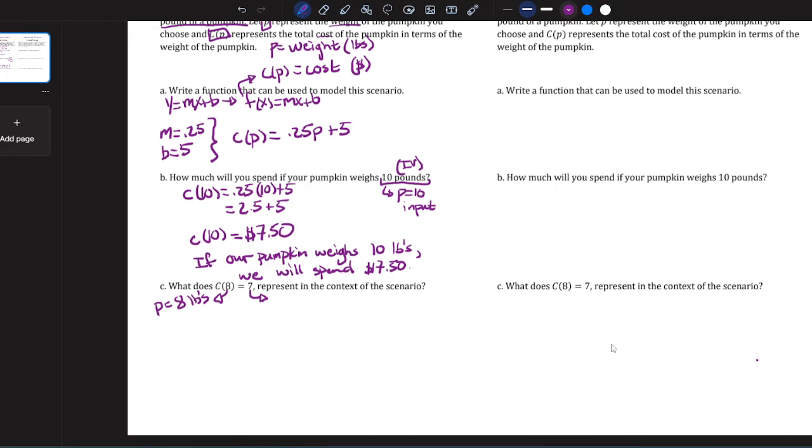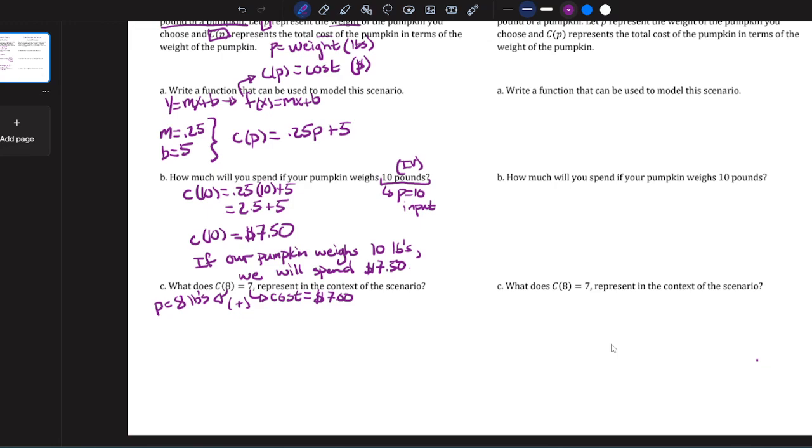If we look back up to the work we just did, we knew that c of 10 was $7.50, and so that was that dollar amount. And so I know that this then is going to be the cost, and that's going to be $7. But specifically, when these two things are happening together.